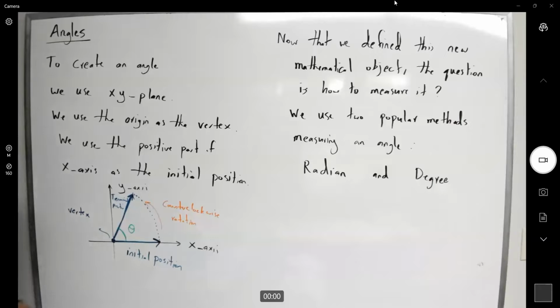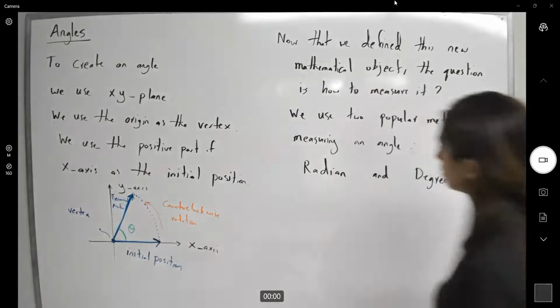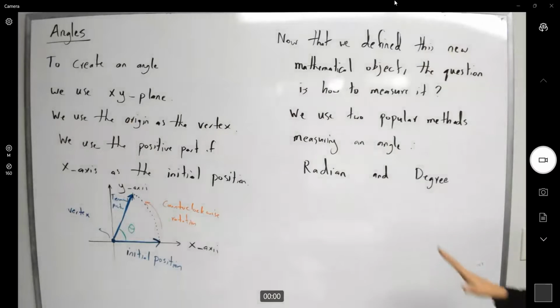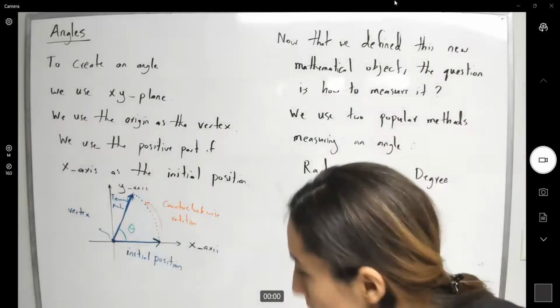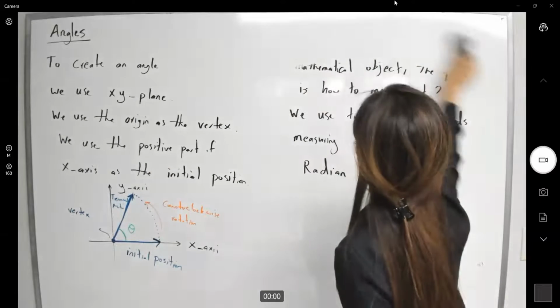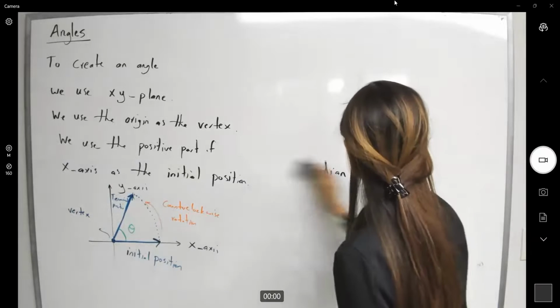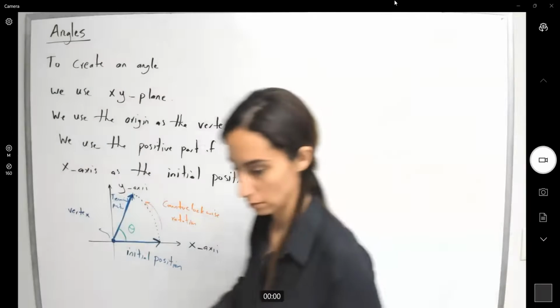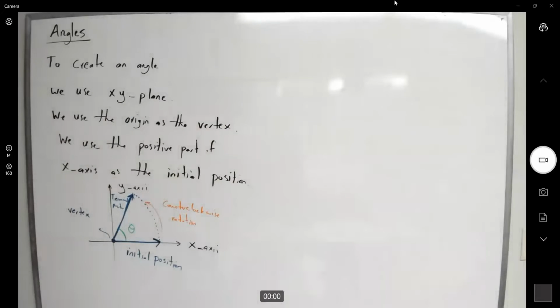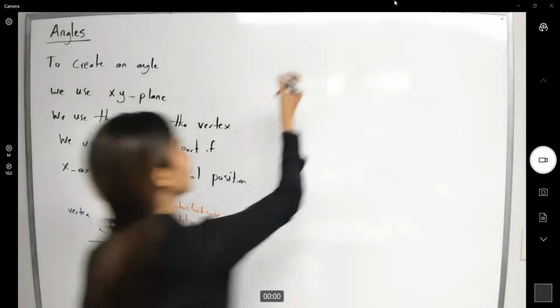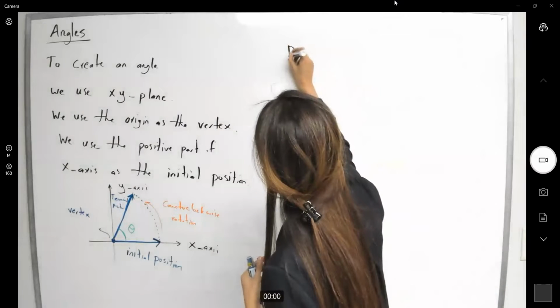Okay, so now that we talked about an angle and different methods of measuring an angle, let's define them separately. Let's first define the radian. Definition of radian.